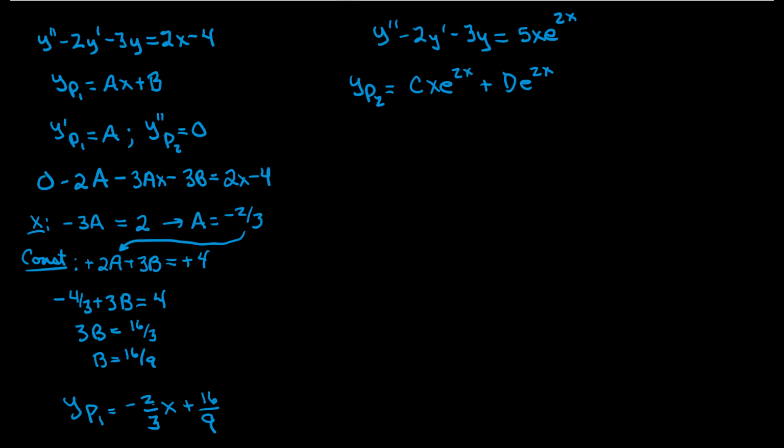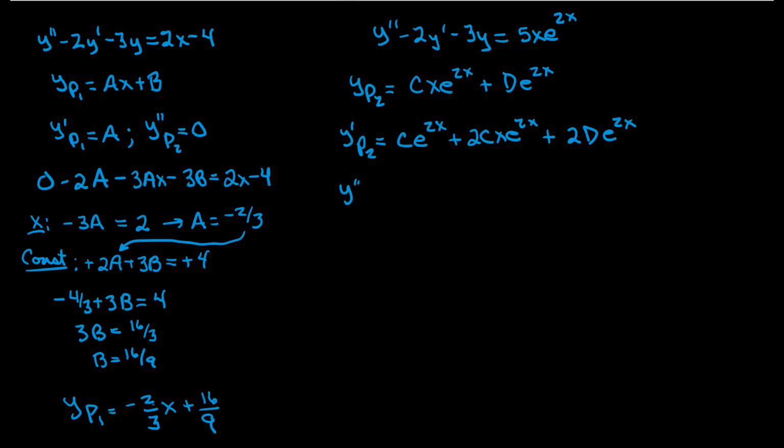So there's my guess at a trial solution with this non-homogeneous equation. When I take the derivative, I have c e to the 2x plus 2cx e to the 2x plus 2d e to the 2x. So there's my first derivative.